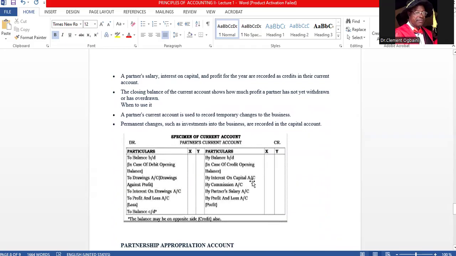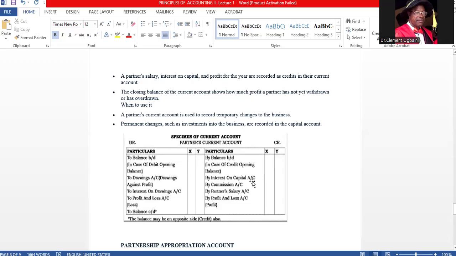So on the debit side, we write down every balance brought down as debit. Then if the partner withdraws any money from the partnership, drawings are debited. If there's any interest on the drawings, they are debited. Then also, if there's any loss, it's also debited. But on the credit side, we look at the balance brought down.